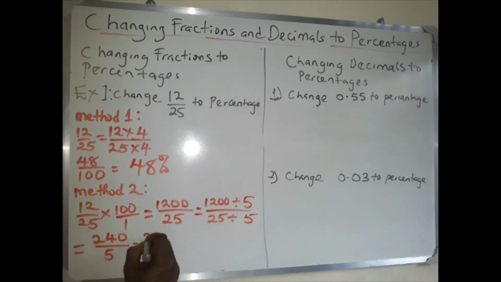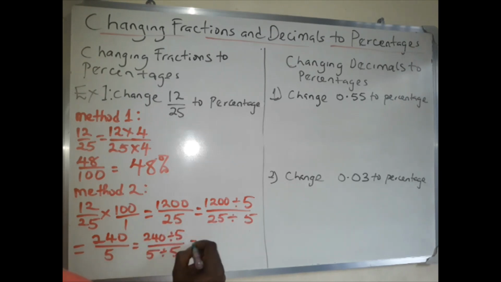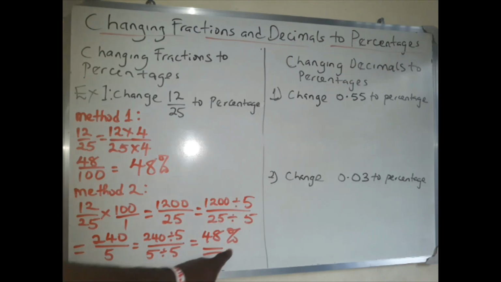It can still be divided again by 5. 240 divided by 5 will give me 48, and 5 divided by 5 is 1. Then you also write the percentage symbol. Since you're converting to percentage, you include the percent symbol, which concludes the answer to the question.